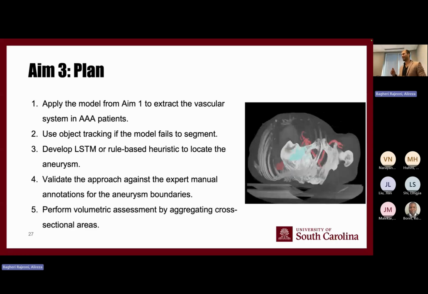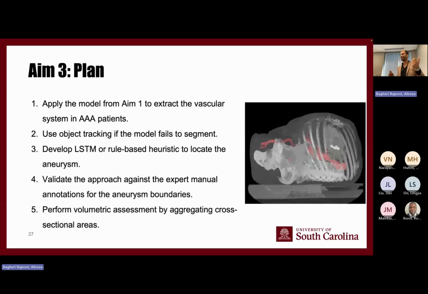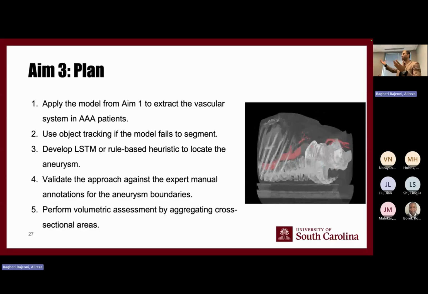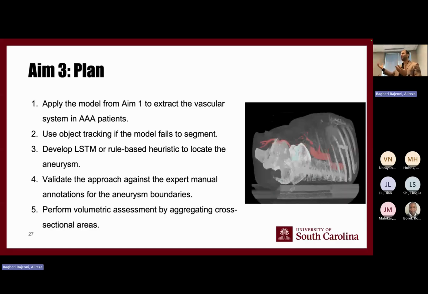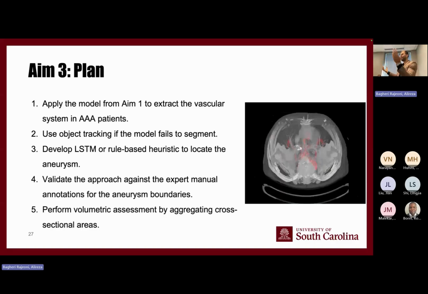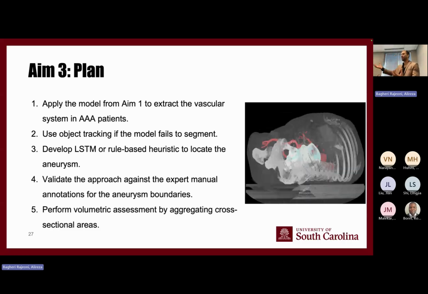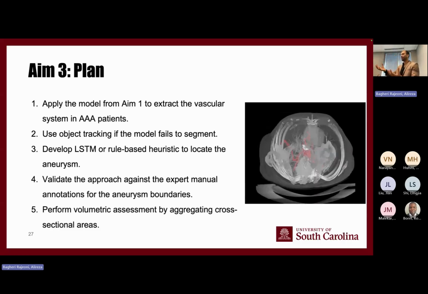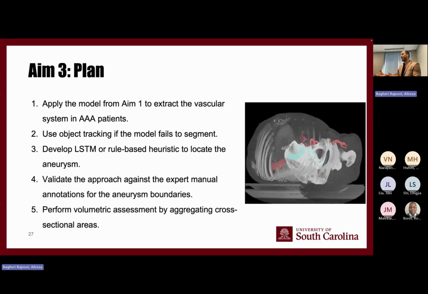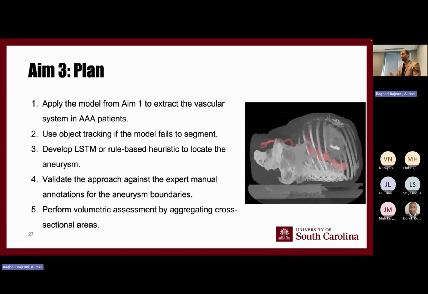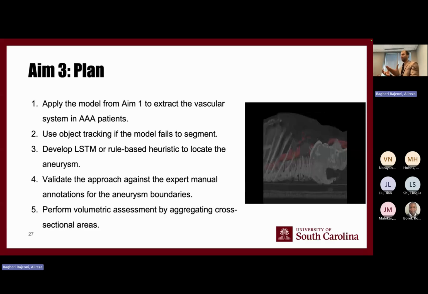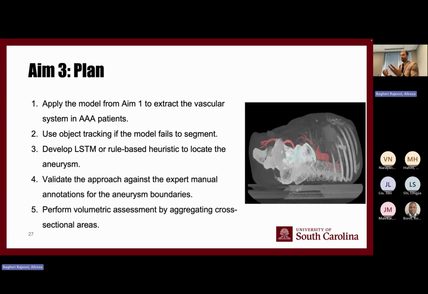We trained a model on the output of the U-Net, and we pooled 16 endarterectomy patients and 16 aneurysm patients, and we trained the model to predict if a patient has a healthy vascular system or an abnormality.